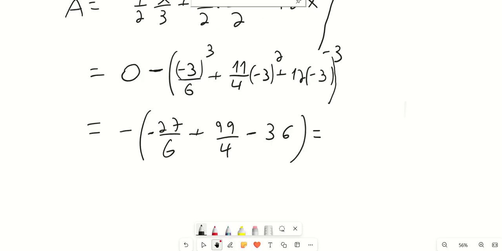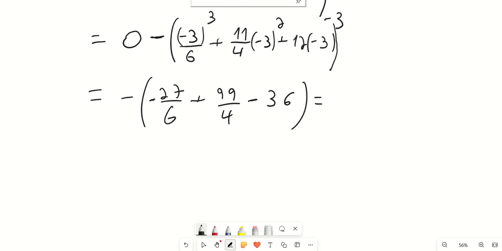So I'm going to simplify further without a calculator. Here I have 27 divided by 6: 24 divided by 6 is 4, and I'm left with 3 over 6, which is 0.5, so 4.5.